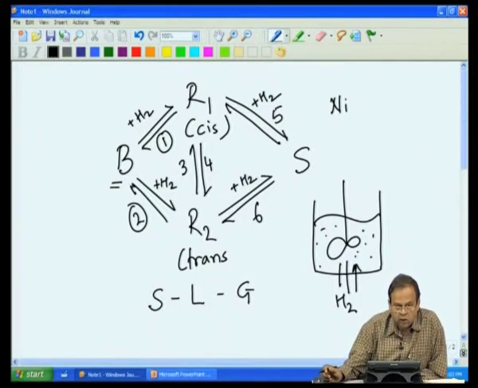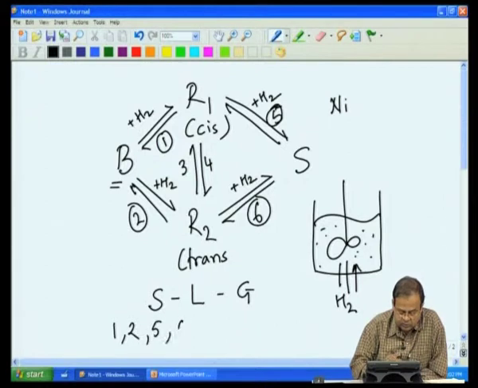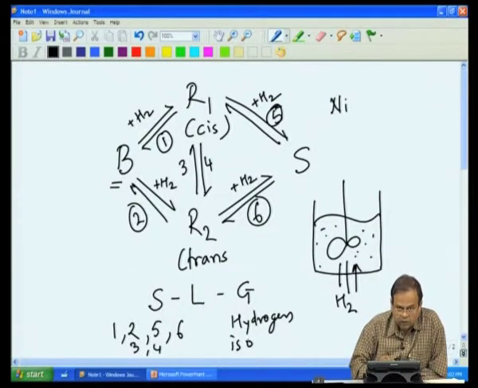Okay. So, I have this reaction mechanism. So, one can write for each of these reactions. Notice here that reactions 1, 2, 5 and 6 are hydrogenation reactions, whereas reactions 3 and 4 are isomerization reactions. Okay.